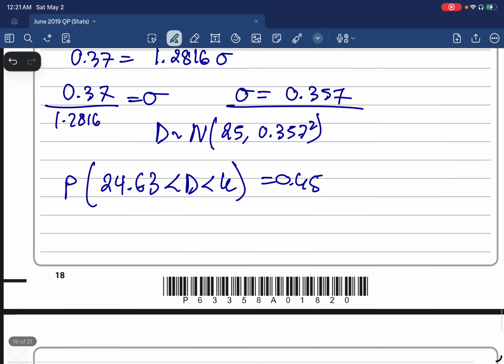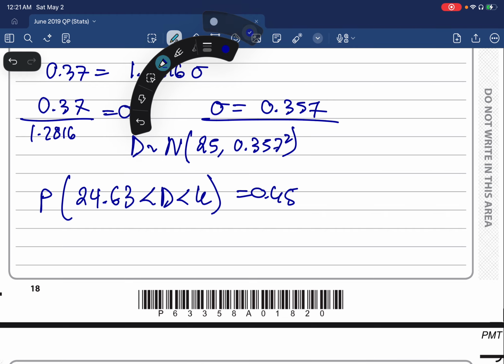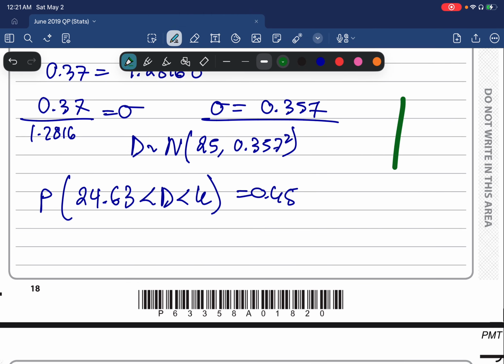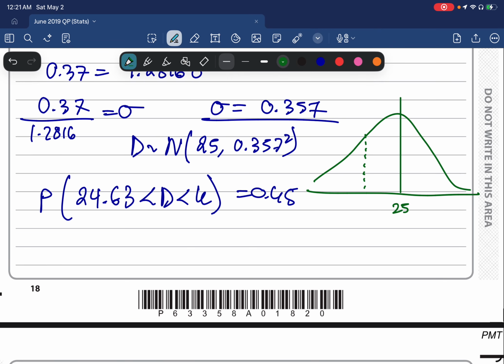So let's try to visualize this on our graph before we attempt. So this is our graph, 25. So the fact that 24.63 and K, the probability that it's within this is 0.45.